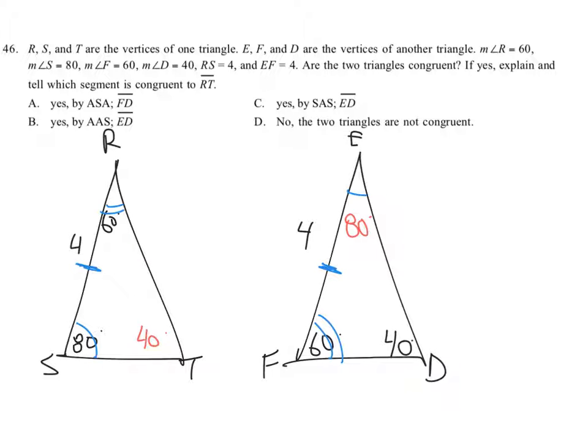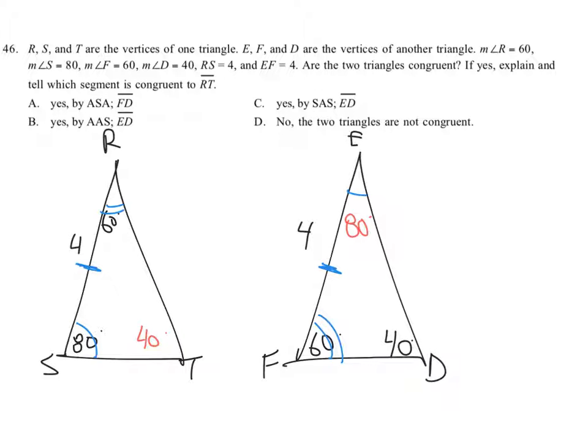And so, forget about my drawing, we know that we've got two angles congruent, the 60 and the 80, and the included side between them is 4 on both of them. So through angle side angle, we have a congruent statement.